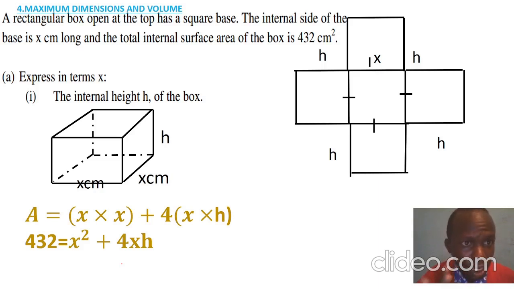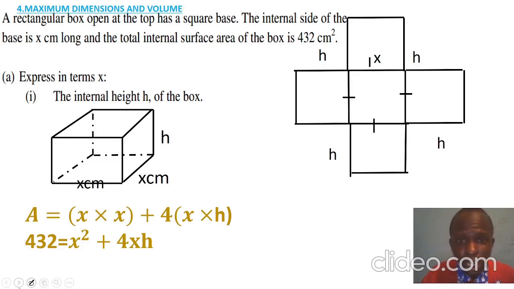A rectangular box open at the top has a square base. The internal side of the base is x centimeters long, and the total internal surface area of the box is 432 square centimeters. Express in terms of x the internal height of the box.